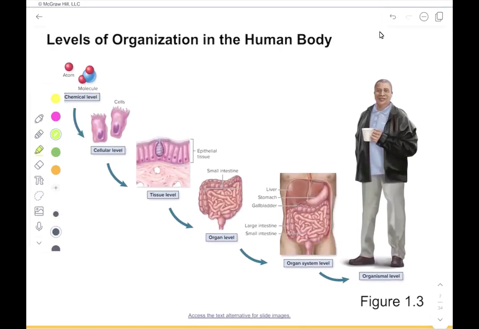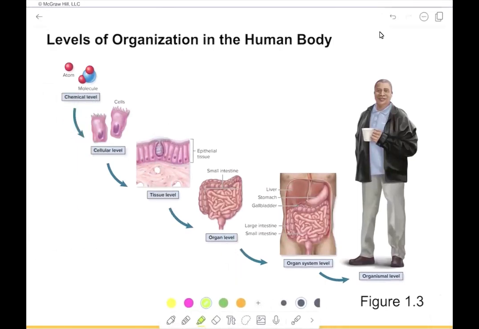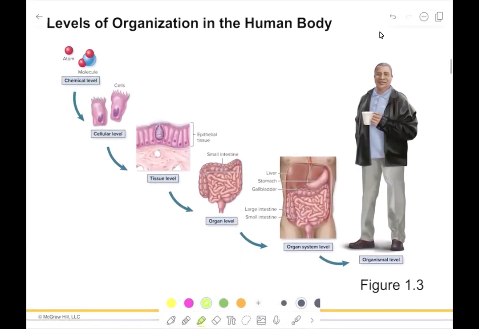This slide is showing us examples of the levels of organization in the human body. And we see the simplest level of organization in the human body is the chemical level. And it includes things like atoms and molecules.